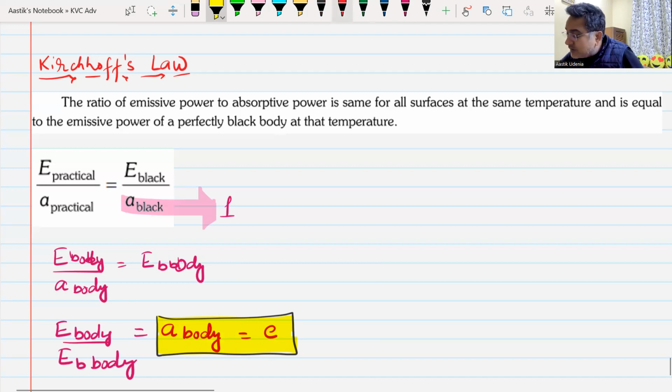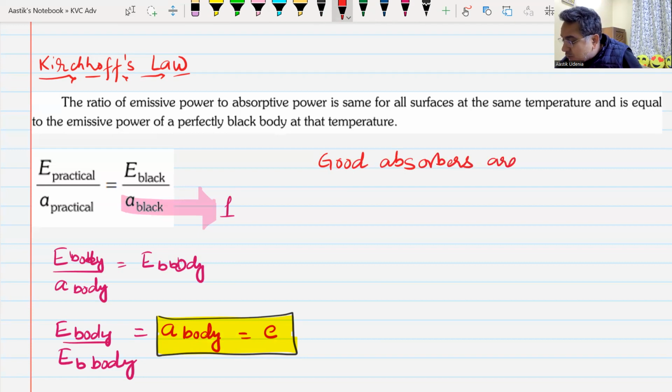Or Kirchhoff's law is simply saying that good absorbers are bad reflectors, bad transmitters, but good absorbers are good emitters. Do we understand what I'm saying? Yes, sir. Good absorbers are good emitters.